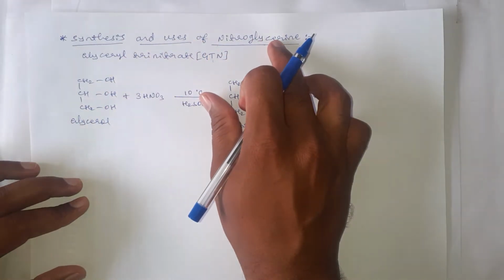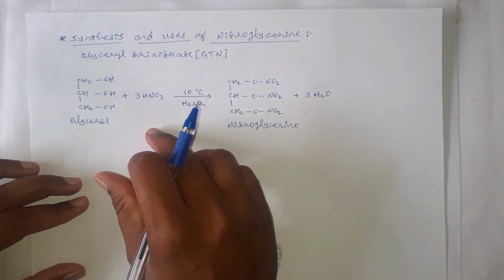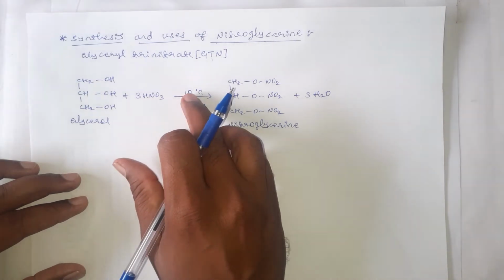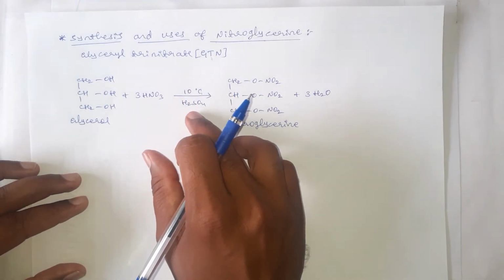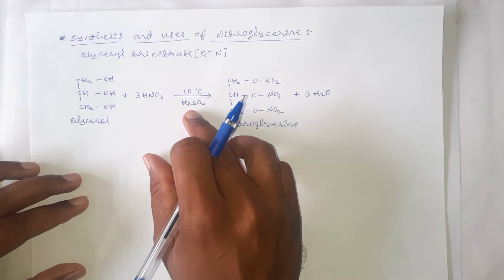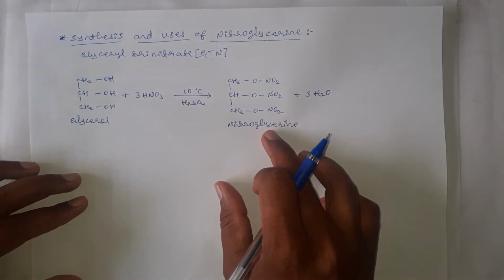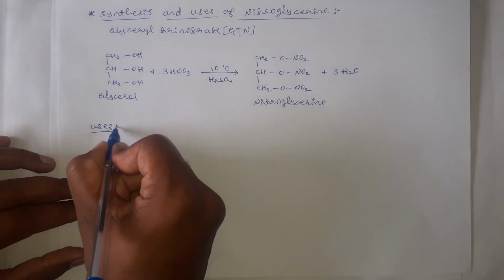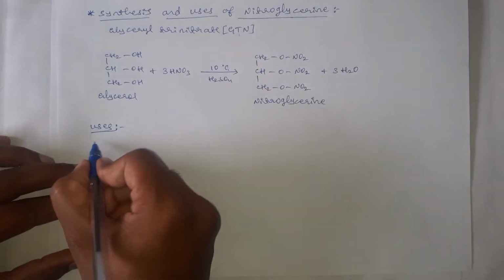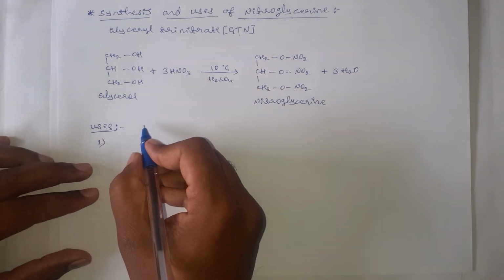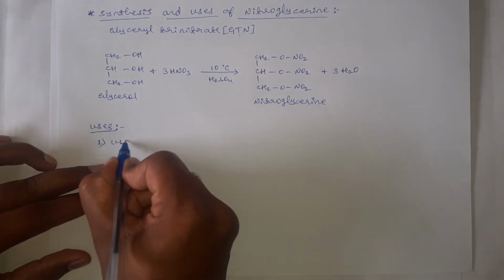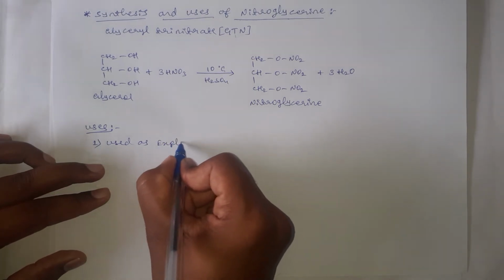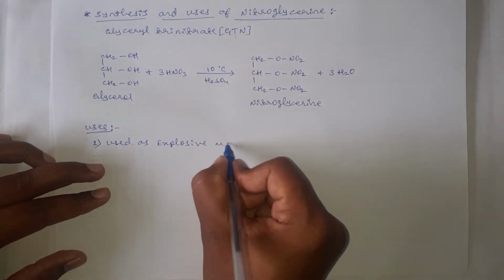This nitroglycerin can be synthesized by heating glycerol with concentrated nitric acid at a low temperature in presence of dehydrating agents like sulfuric acid. Here we will get nitroglycerin. Then coming to the uses of nitroglycerin, the main use is as an explosive material.